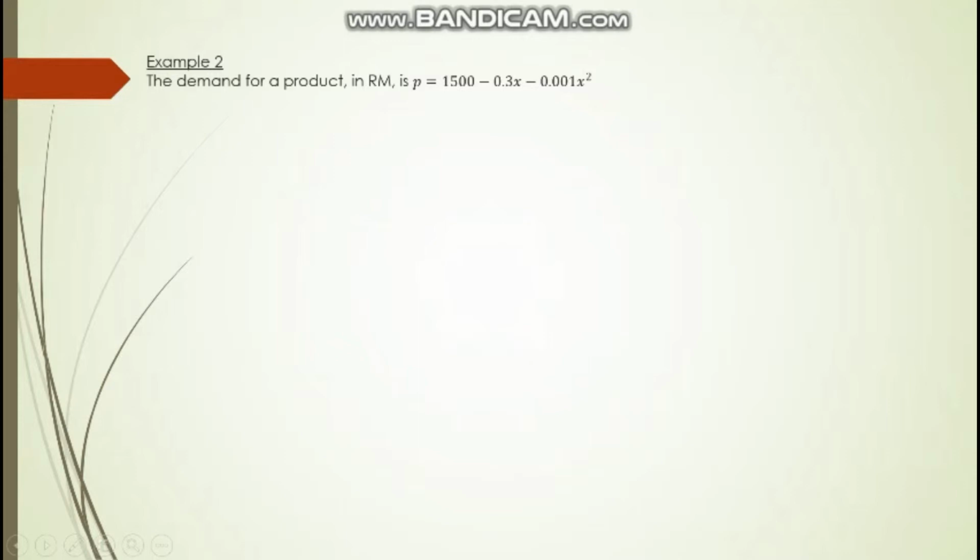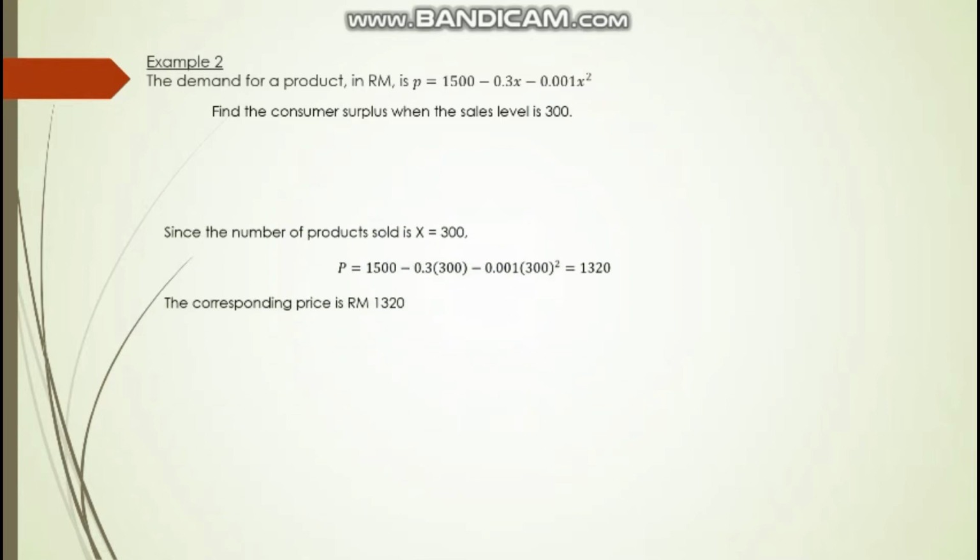Example 2. The demand for a product in ringgit is P equals 1,500 minus 0.3x minus 0.001x squared. Find the consumer surplus when the sale level is 300.